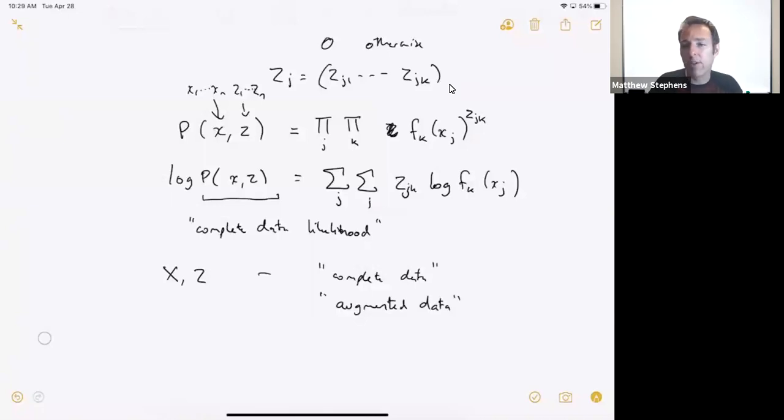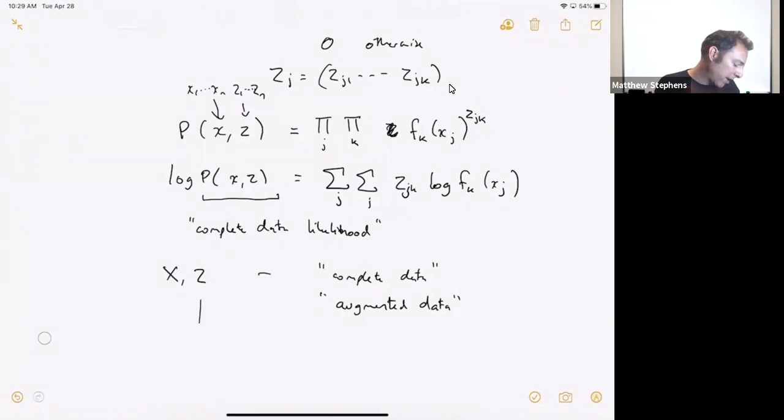The idea is that you've augmented your data X with these unobserved values, these latent variables Z. Again, this is just terminology, and it'll become clearer later why it's useful, but these are terms that you should be familiar with.